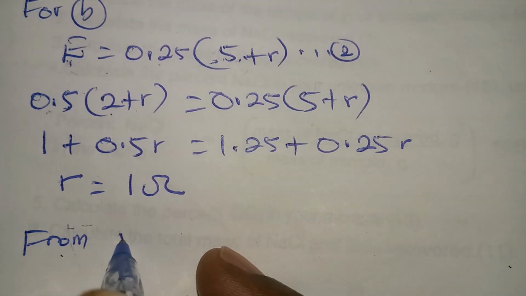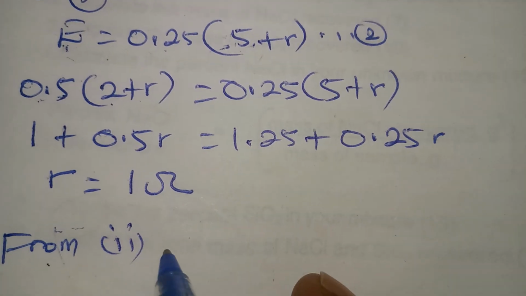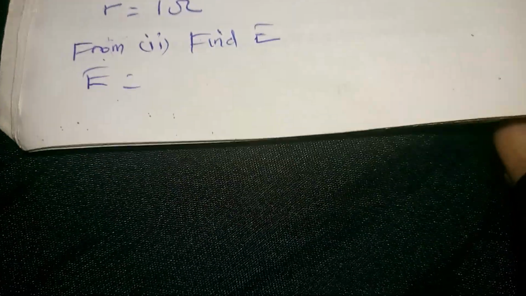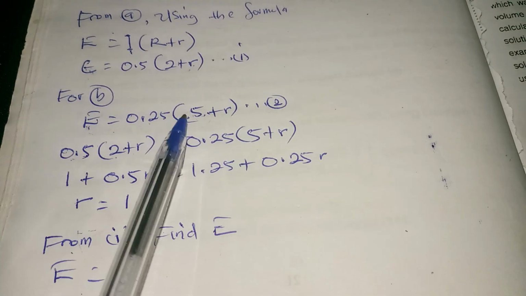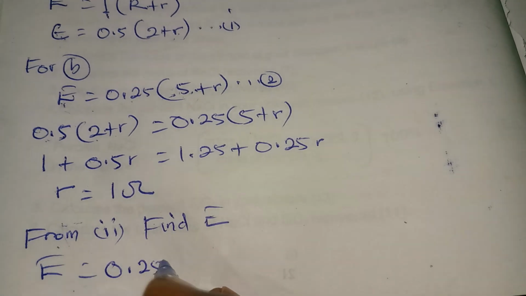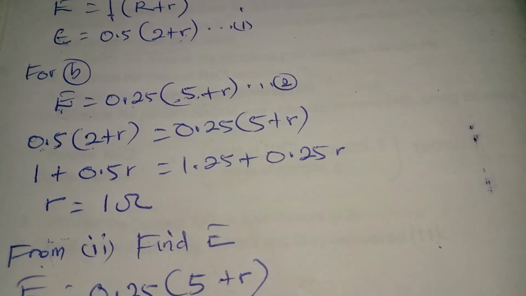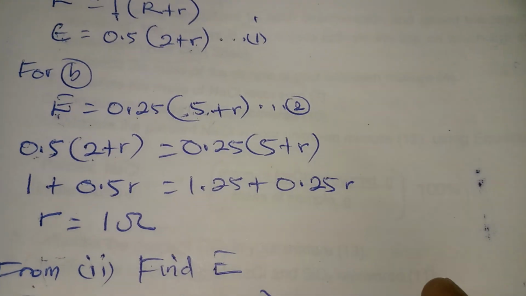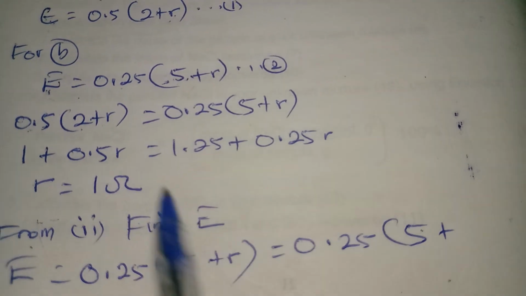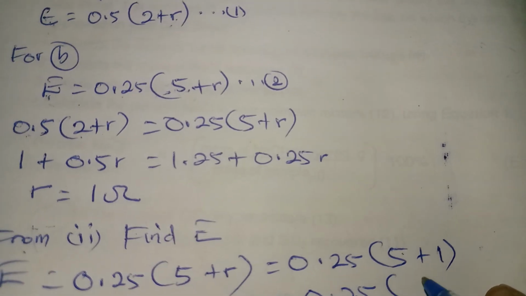From equation 2, find E. My E is now equal to 0.25 into 5 plus r. What is r? r is 1. So I have 0.25 into 5 plus 1, which is 6.